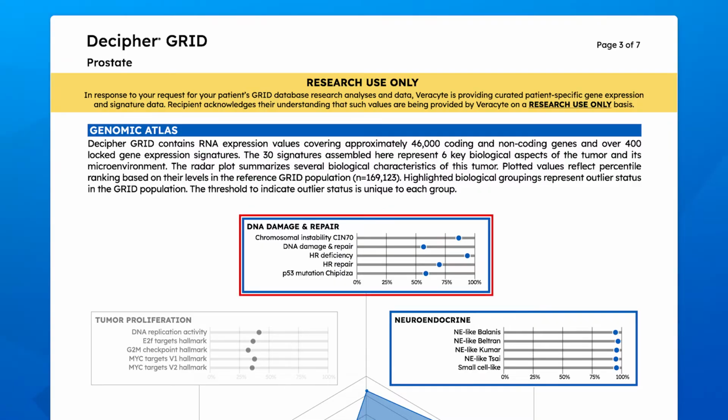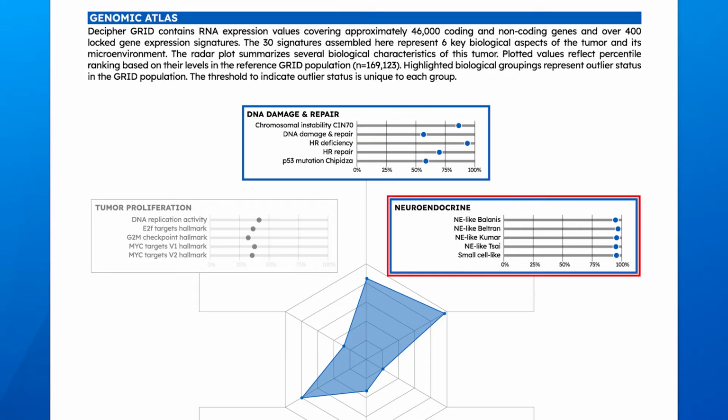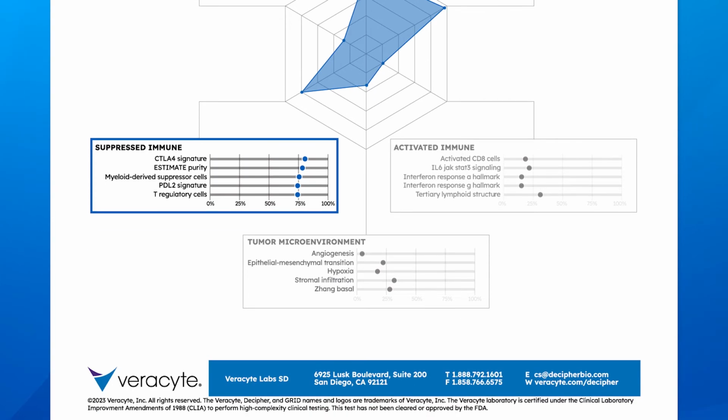Are the tumors DNA damage repair proficient or deficient? Is a tumor more proliferative or less proliferative? Does it look more like an adenocarcinoma or is it more like a neuroendocrine tumor? What does the immune environment look like? Is it a more activated or suppressed immune environment? What are the other characteristics of the tumor microenvironment?